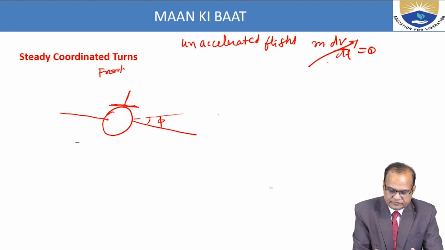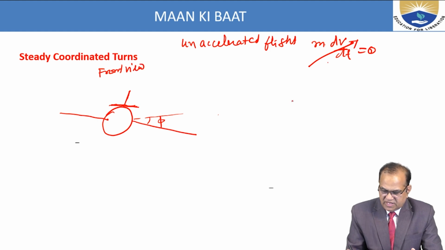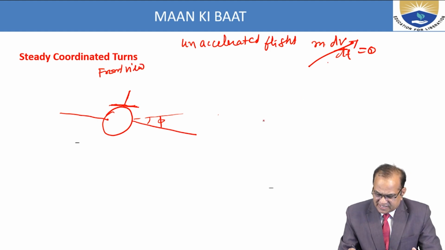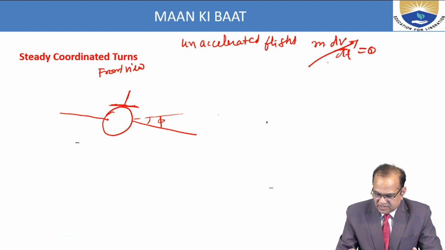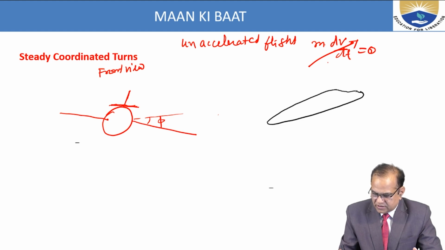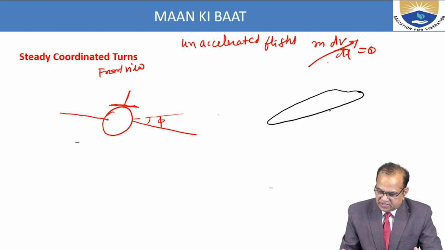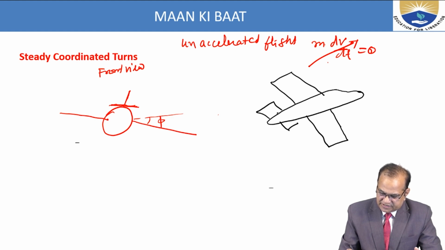Here I will draw the side view of this with some different colors. These are the wings. There is the tail, and this is your vertical tail here.